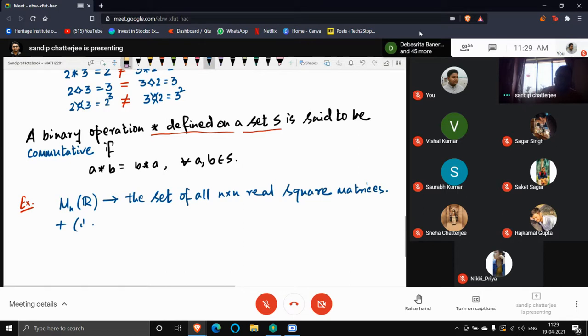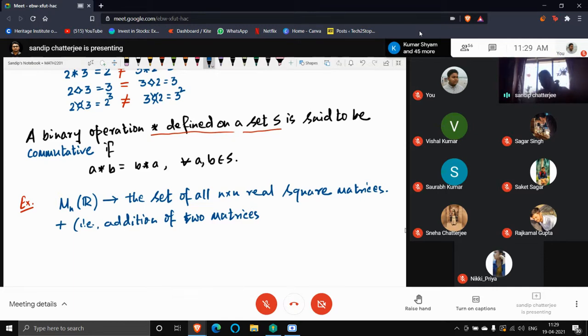Okay. That means plus, the usual addition of two matrices. Since I have taken square matrices, any two matrices are compatible for addition, right? Otherwise, if you choose rectangular matrices, then there may be a problem. An operation must be defined in a way that the two matrices are compatible for addition. But since I have chosen square matrices, if I pick up any two matrices, I can do addition, I can do multiplication.